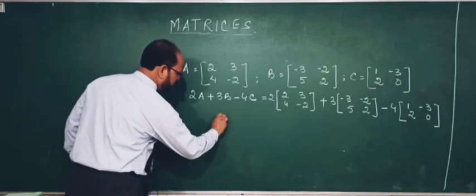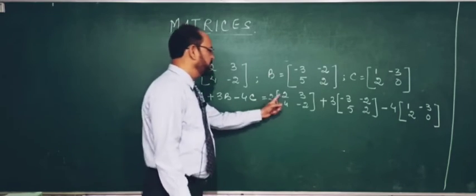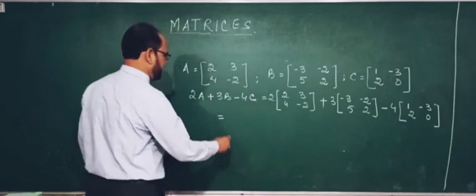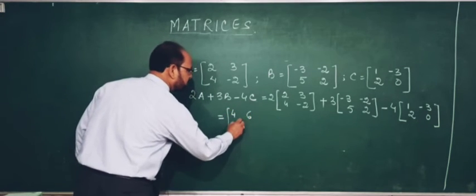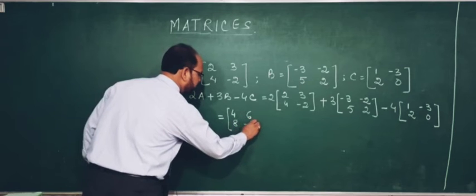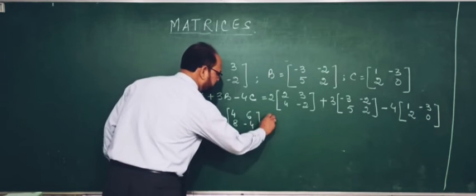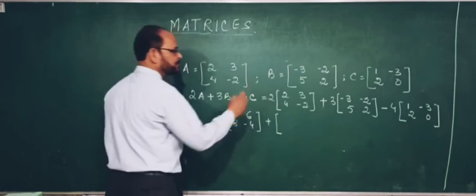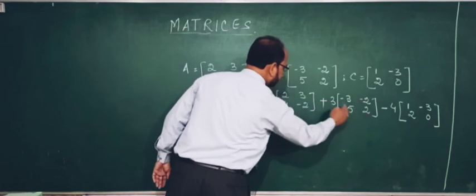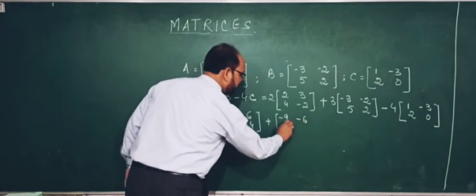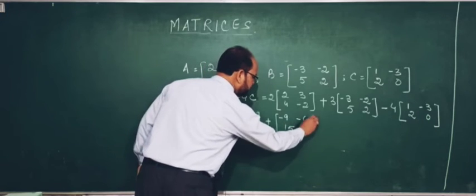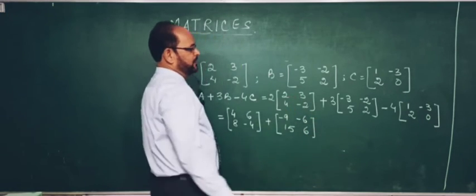Now what we will do? We will multiply 2 in each and every element of matrix A, that is 2 2s are 4, 2 3s are 6, 2 4s are 8, 2 2s are negative 4. Then plus sign. 3 will multiply in each and every element, that is negative 9, negative 6, positive 15 and positive 6. Now what you have to do here?